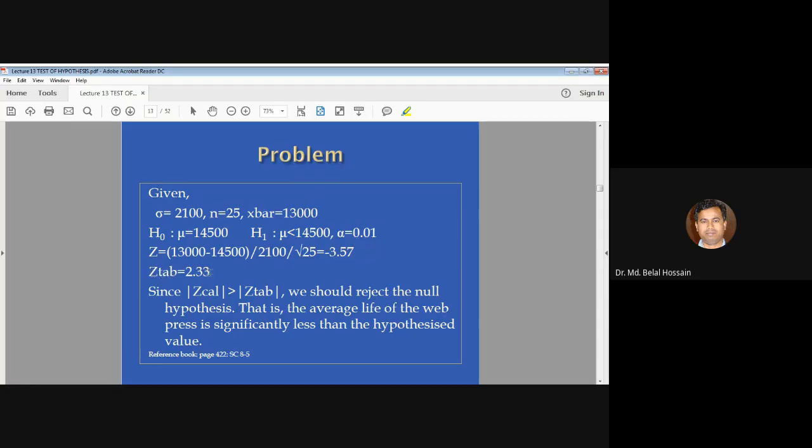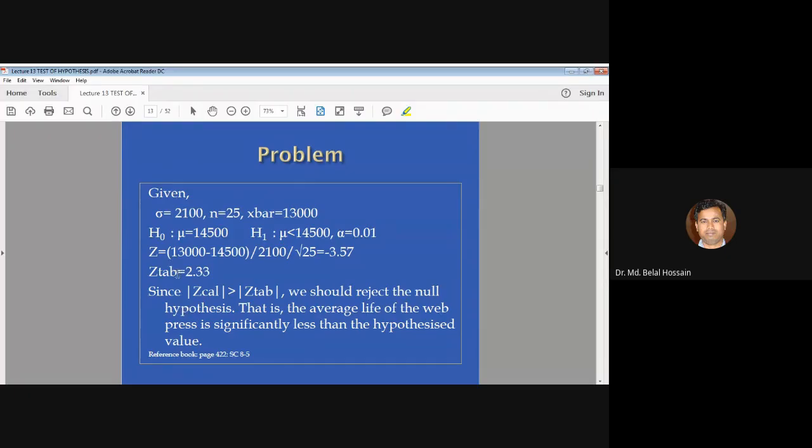It is given in the table. In the z value table we gave you, you can look up the z value for the given alpha. Next and final step is the decision making.